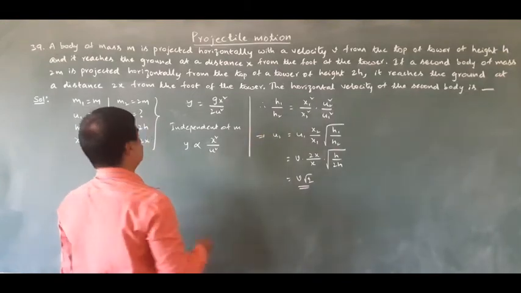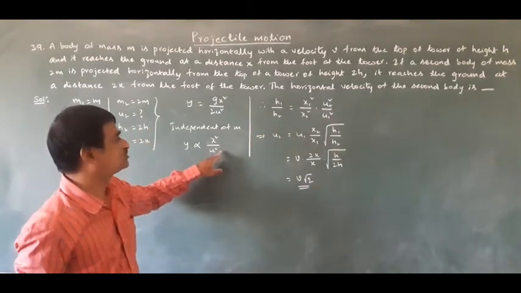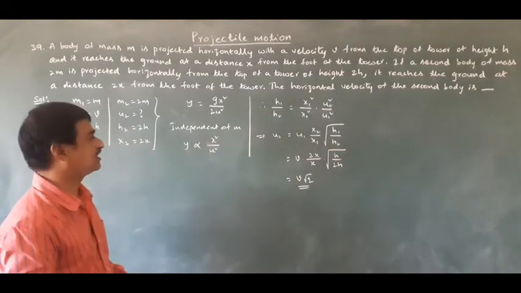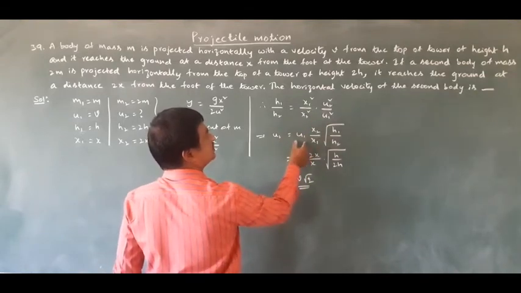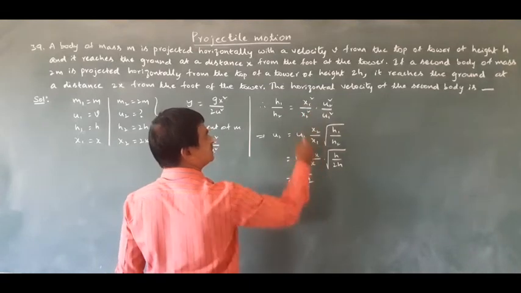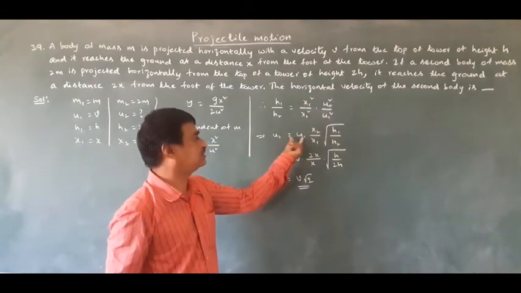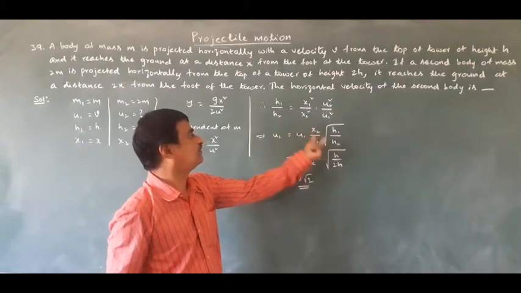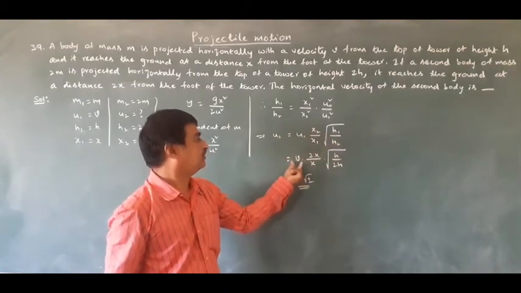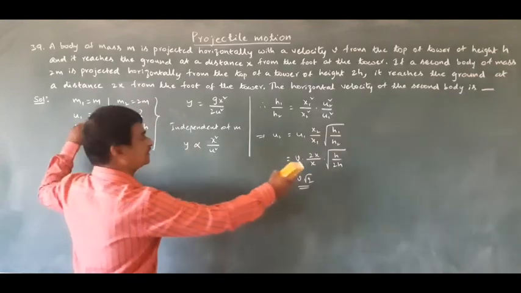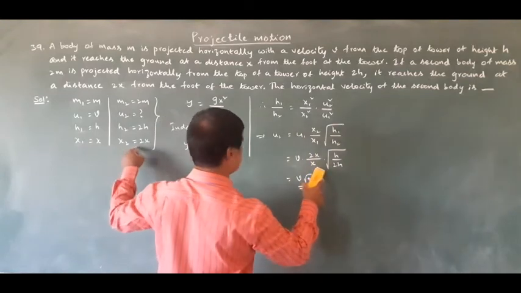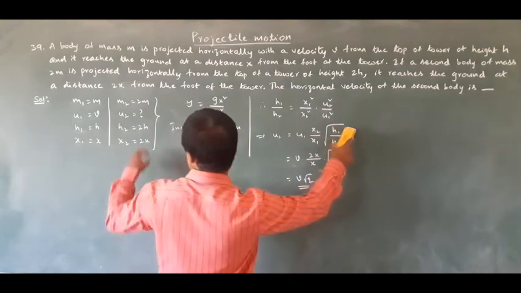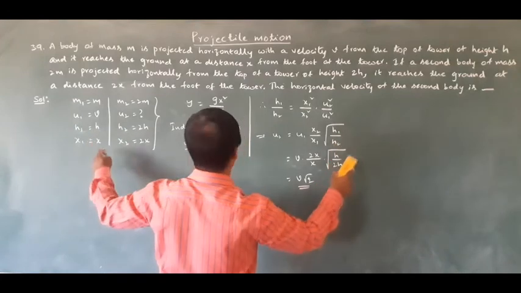h1 by h2 is equal to x1 square by x2 square into u2 square by u1 square. Simply writing for u, u2 becomes u1 into x2 by x1 into the root of h1 by h2. u1 is given as v, x2 is 2x, x1 is x, h1 is h, h2 is 2h.